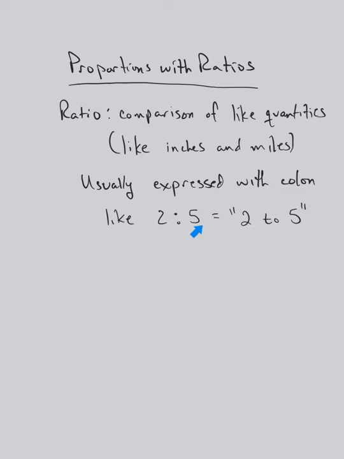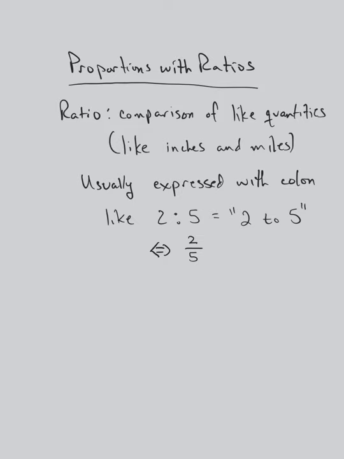So 2 inches, 5 miles, like that. And what that does is that gives you a way to relate those two numbers. Now, one important thing about ratios, and the way we'll use this, is we can always write a ratio as a fraction, as the first number over the second number. And that's where the proportions are going to come into play, because now we have a fraction.